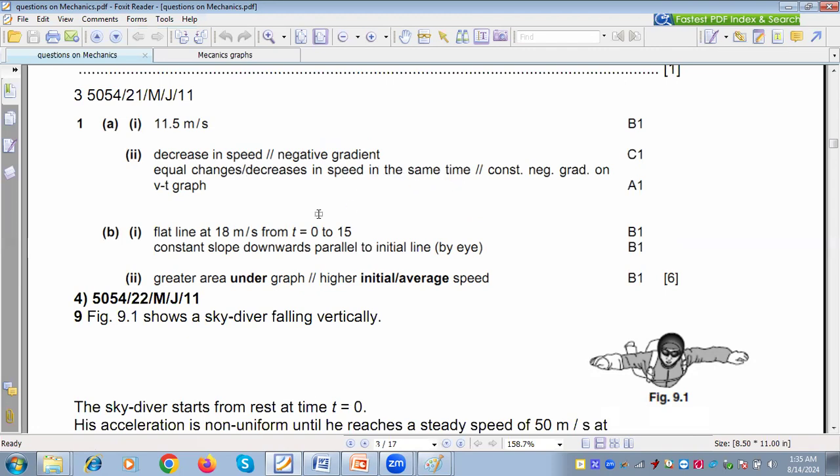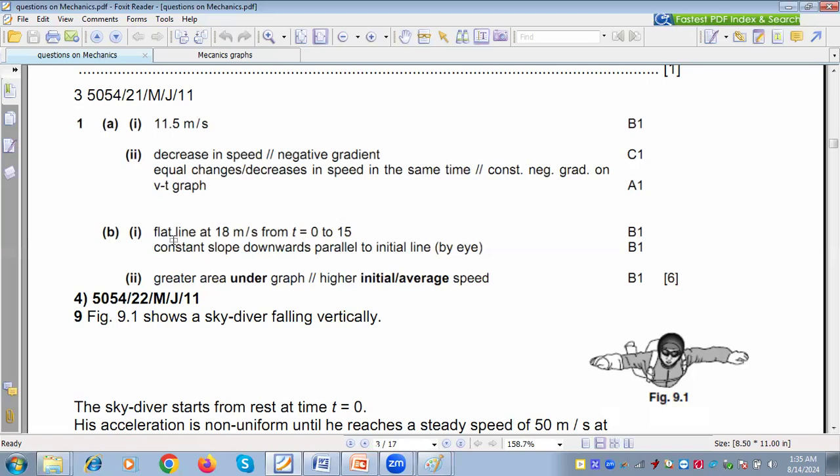What is meant by uniform deceleration? One thing, the speed decreases. 1 mark will be awarded for writing the negative gradient or decrease in speed. And the next mark will be awarded for equal change in speed, equal decrease in speed in the same time interval.